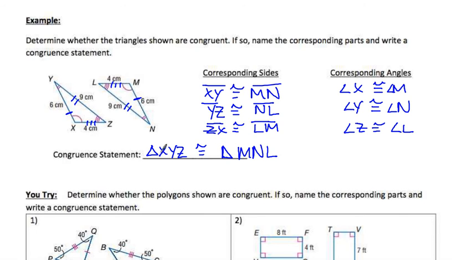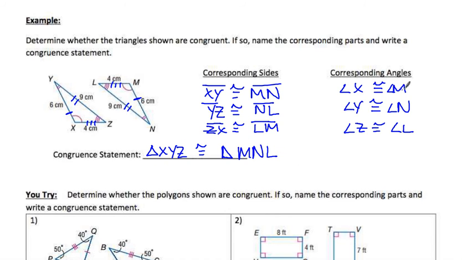That's what it says right here. Do you see how they're paired up in the right order? And then we said YZ and NL are paired up together. You can see they're in the same order. And then Z to X is there, and L to M is there.